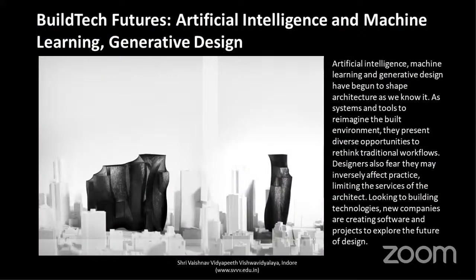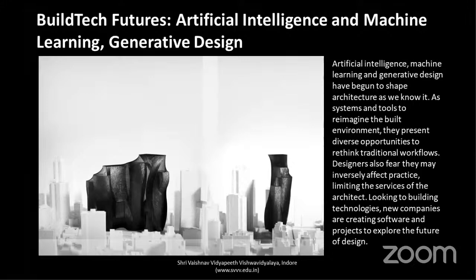Okay, now the newest thing going on in the architecture field right now is artificial intelligence, machine learning and generative design. What is this? What is artificial intelligence? Machine learning and generative design have begun to shape architecture as we know it.